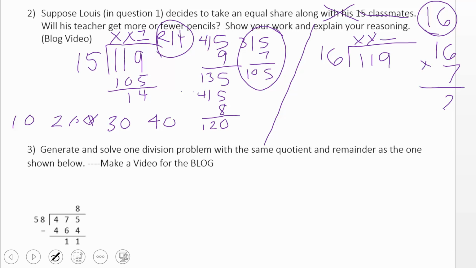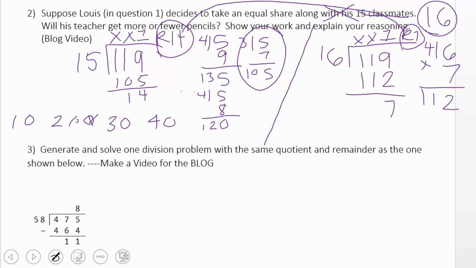Let's see, that's 112. Okay, it still fits in. So each teammate is still getting 7 pencils. But instead of 14 pencils left over, there are only 7 pencils left over. So there's definitely going to be fewer pencils left for the teacher. But it's actually kind of fair because each teammate gets 7 pencils and so does the teacher.